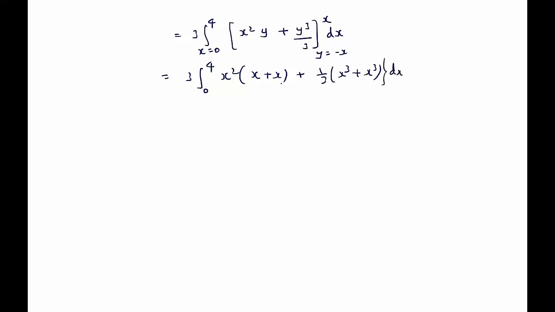Both the terms with respect to x. So here this is x cube, this is x cube, this is 2x cube, and this is 1 by 3, that is 2 by 3. 3 times integral 0 to 4 of 2x cube plus 2x cube by 3. So this is finally 8x cube after cancelling 3, after taking LCM.